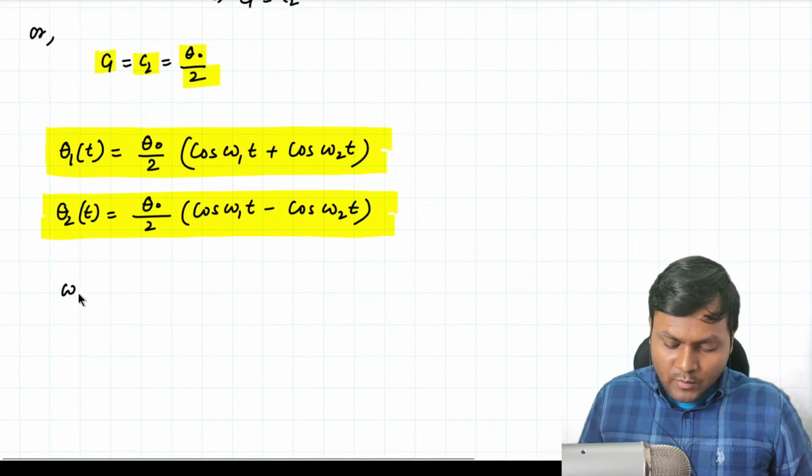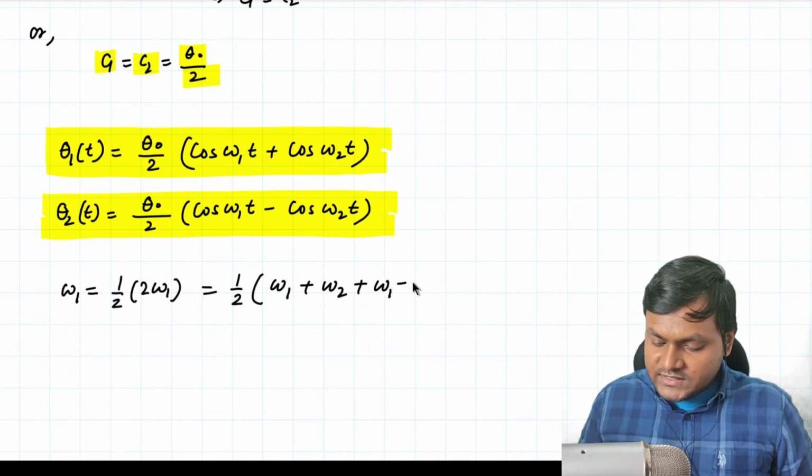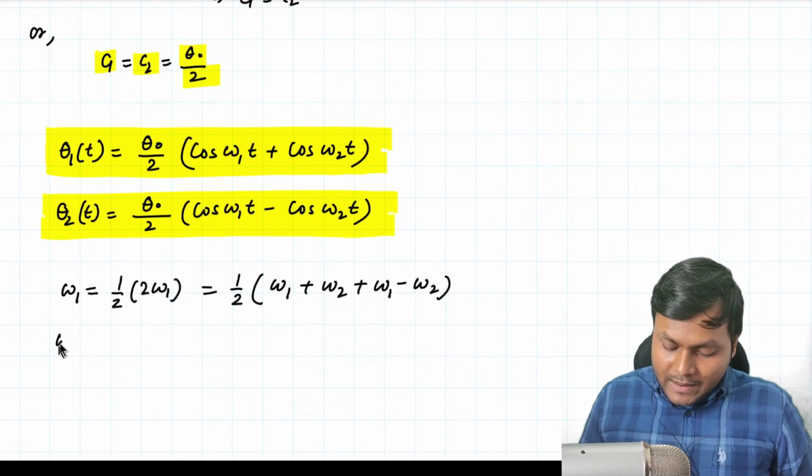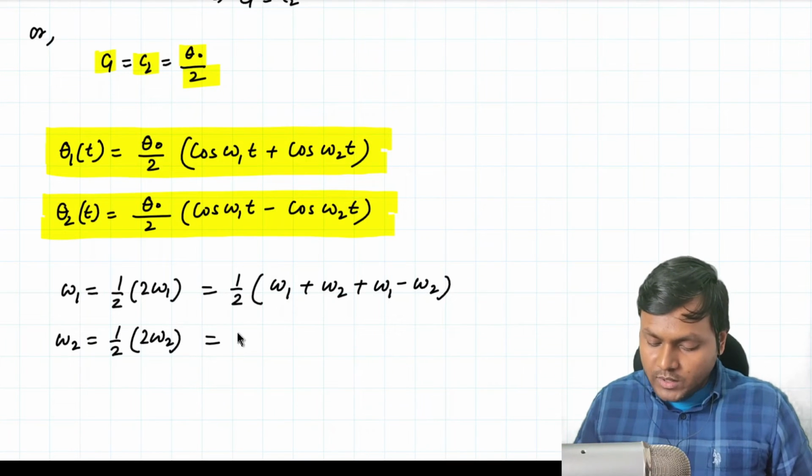So what I'm going to say is that omega 1 is equal to half of twice omega 1, which is equal to half of (omega 1 plus omega 2 plus omega 1 minus omega 2). All right. And I'm going to say that omega 2 is equal to half of twice omega 2. Why I'm doing this, you'll understand in just a moment.